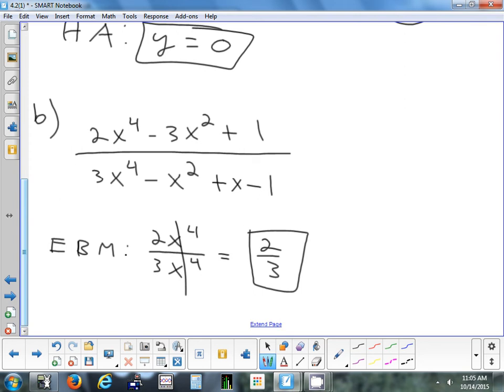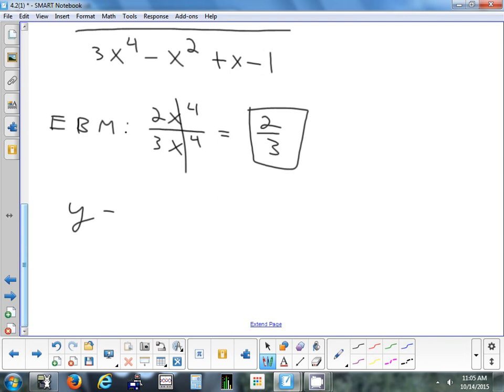Now as far as the horizontal asymptote, you do the same thing. Let x get really, really big and tell me what this fraction approaches. Well, do I have an x in that fraction? No. So as x gets really, really big, what happens to this fraction?